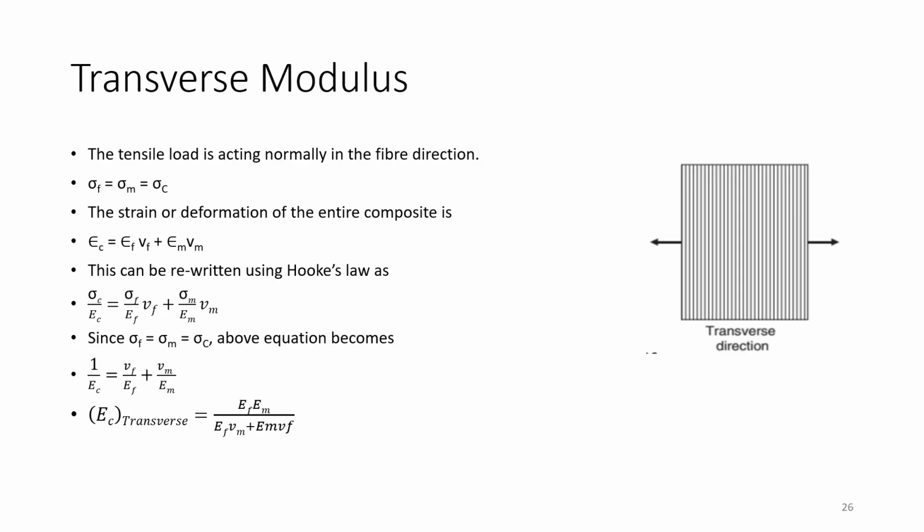Elastic modulus you already know, sigma is given as E times strain. So sigma c upon Ec equals sigma f upon Ef times Vf, the fraction of fiber, plus sigma m upon Em times Vm, the volume fraction of matrix. Since sigma f equals sigma m equals sigma c, the above equation becomes 1 upon Ec equals Vf upon Ef plus Vm upon Em. So Ec transverse becomes Ef Em divided by Ef Vm plus Em Vf.